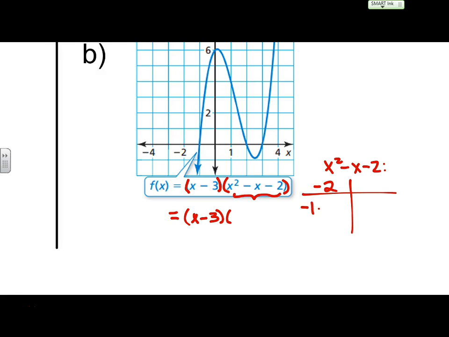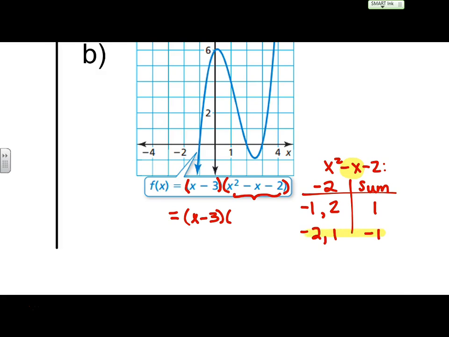Do you want -1 and 2, or do you want -2 and 1? What do we want? If we add the top one, isn't that going to be a positive one? If we add the bottom one, it's going to be a -1. Which one do we want to match our middle term?